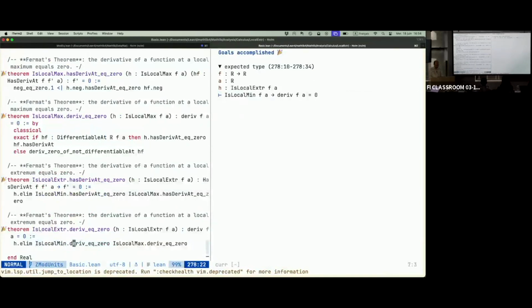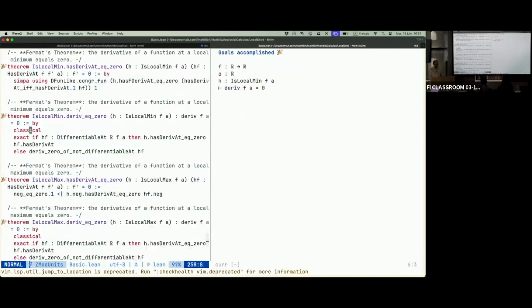If you have a local minimum at a point A, then the derivative is 0, and you have a distinction: if the function is differentiable, then you apply Fermat's theorem. And if it's not, then by definition the derivative is 0 otherwise.